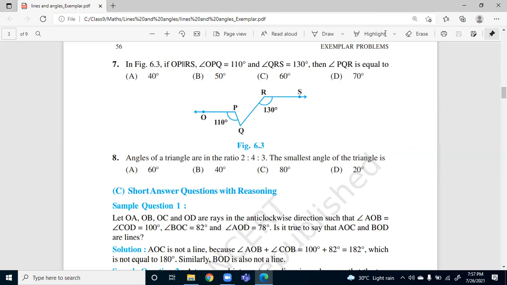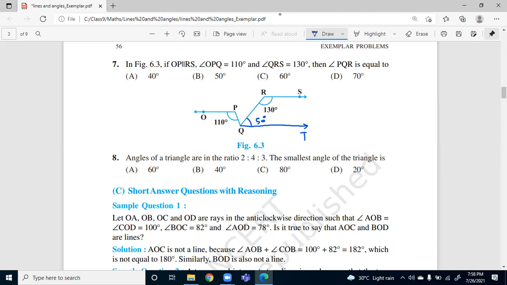Okay, so here you require a construction. You have to make a line parallel to RS. You can name it QT. So this angle should be 50 degrees. What is the reason? Sum of co-interior angles. Yes.